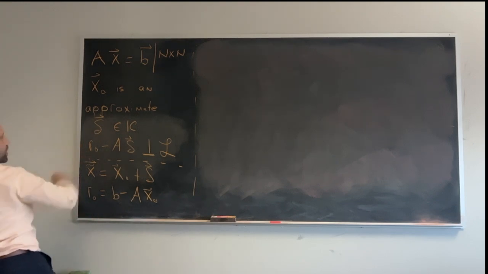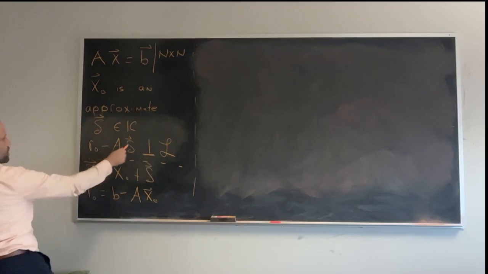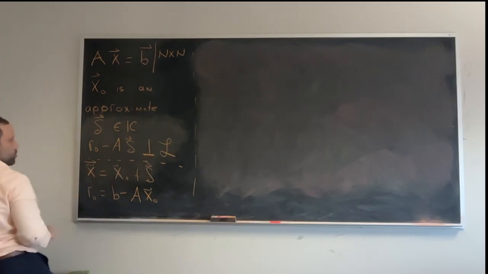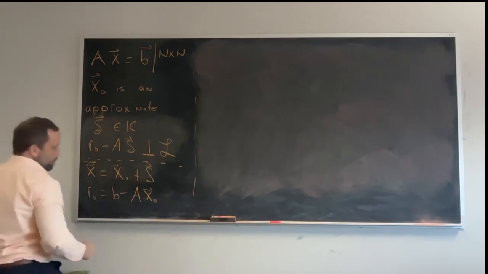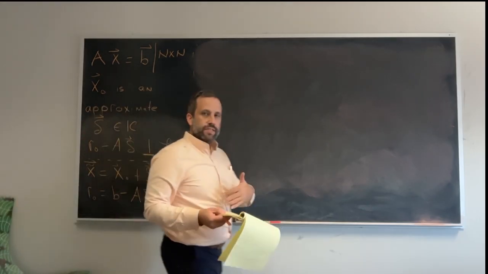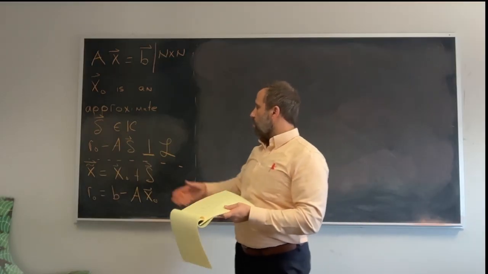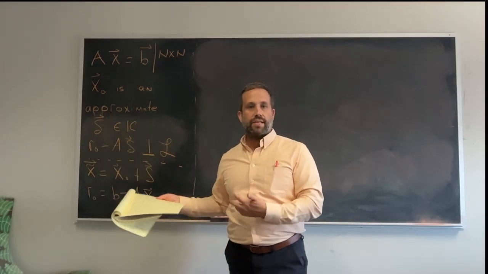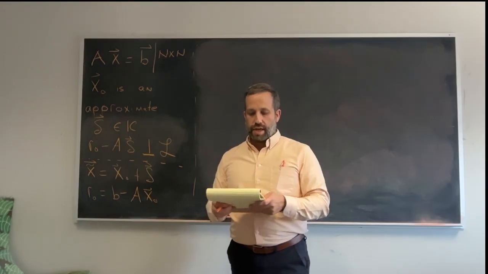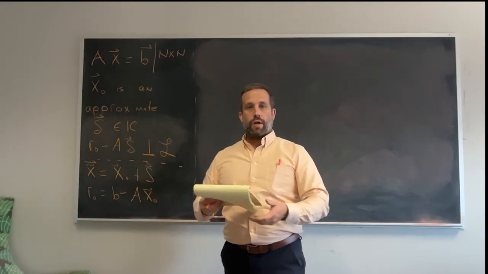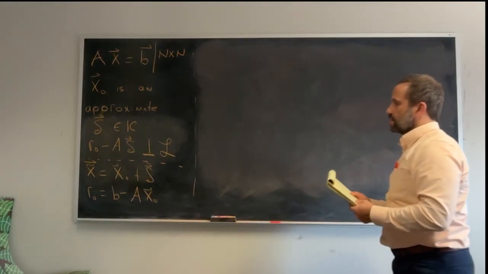We want to find a delta in K such that R naught minus A delta is orthogonal to L, and then define x tilde to be x naught plus delta. In this video, we're going to start looking at why we might suspect that x tilde defined this way is going to give us a better approximation than what we had before.